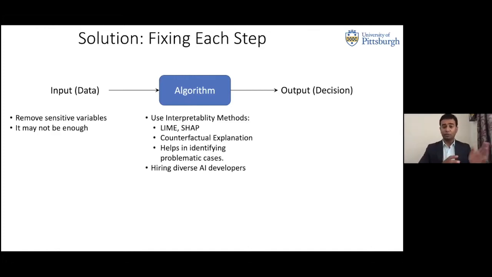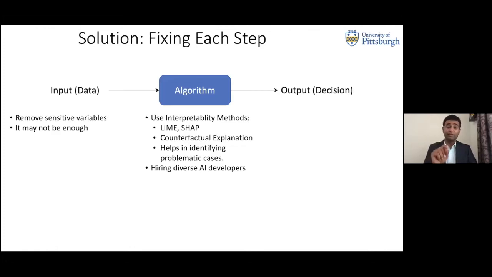So one way to fix this problem is to make these algorithms a little bit more transparent by using some interpretability methods, like LIME and SHAP, which will give you some variable importance score about every variable.